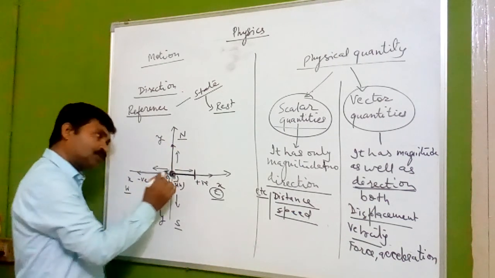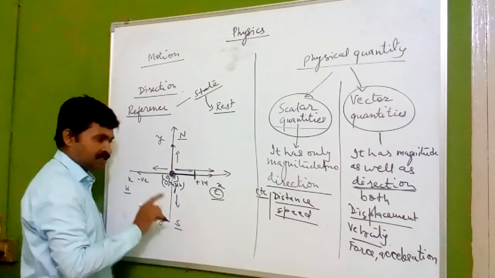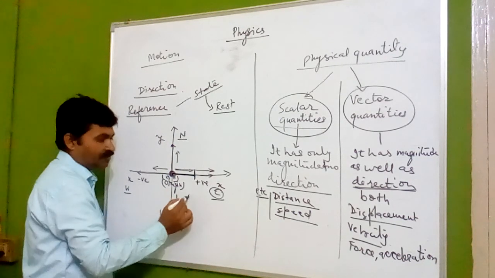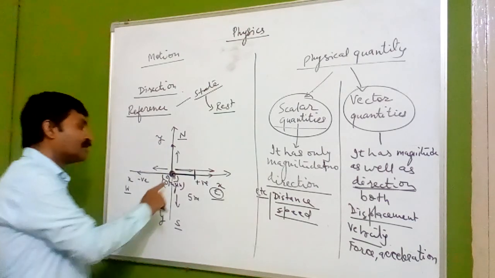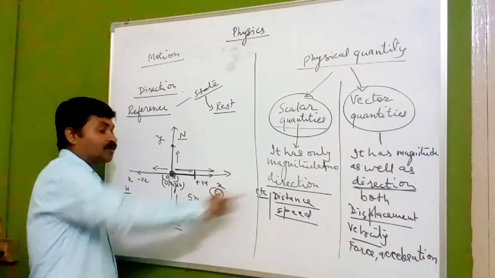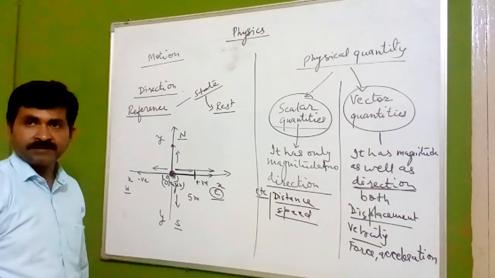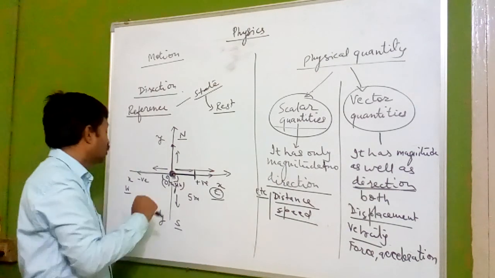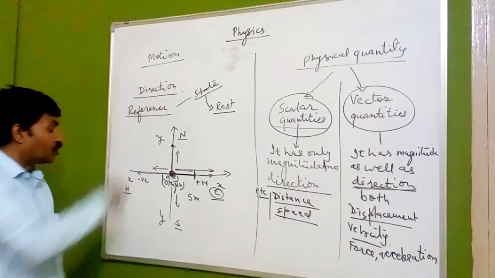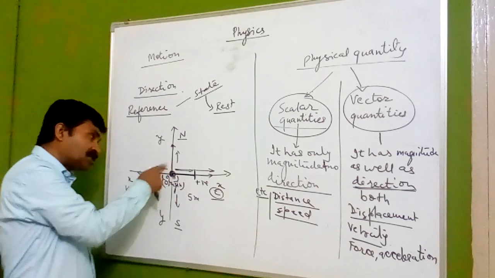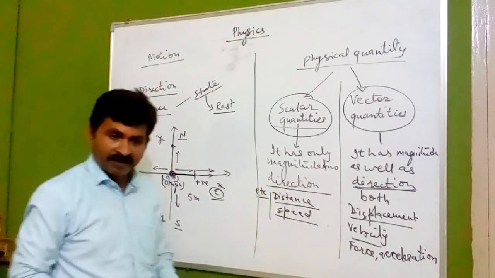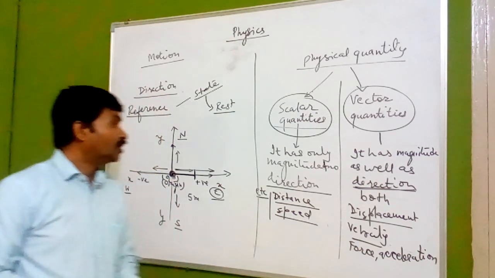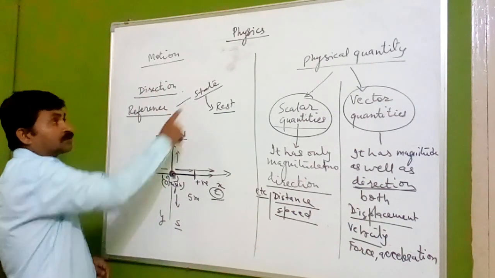So if we go through this direction, I can say we are moving 5 meters or 5 kilometers away from the reference point towards east, north, west, or south. So this is the reference point. Okay.